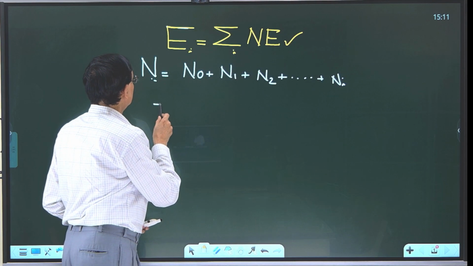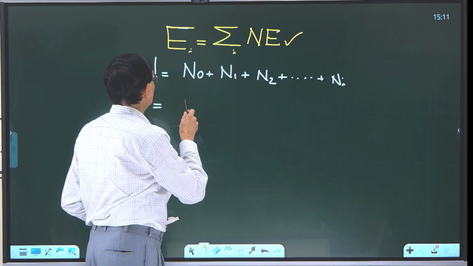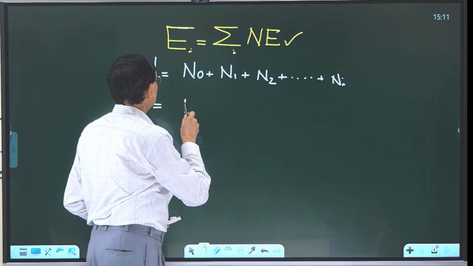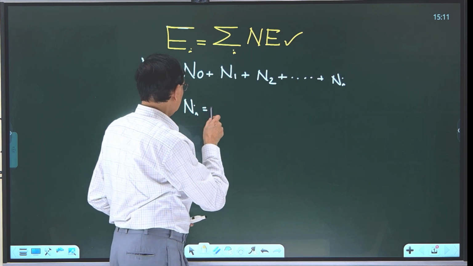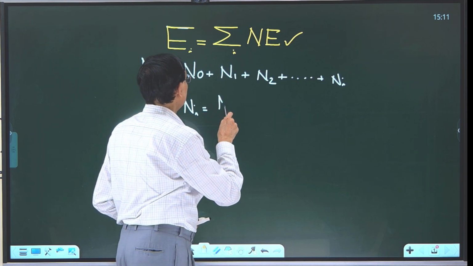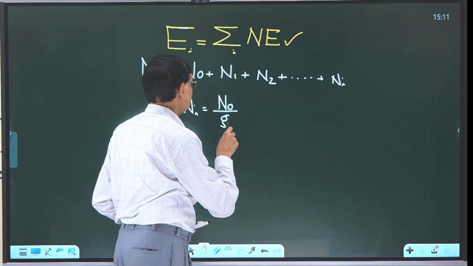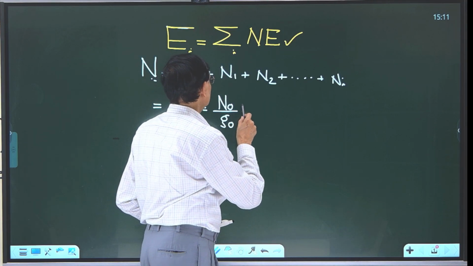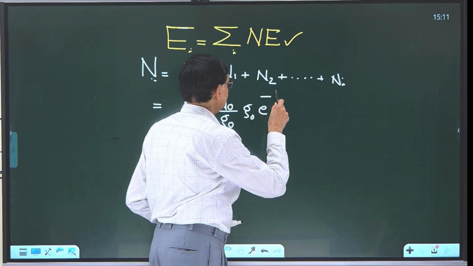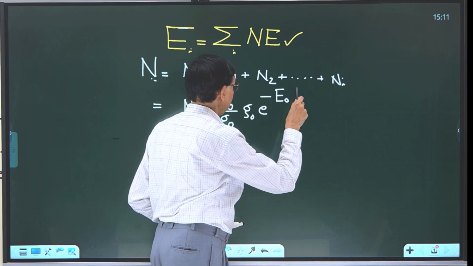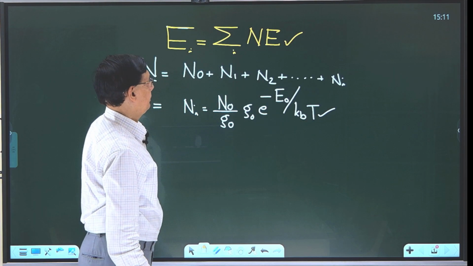And we know that as per the distribution law, we can write N. If I consider the statistical weight factor, then G0 exponential minus E0 divided by kBT. I'm going with a simple example.